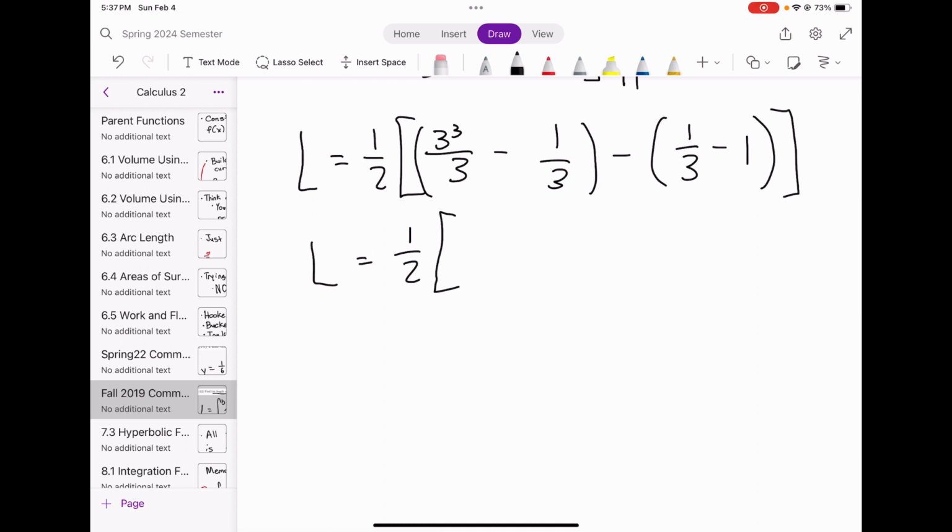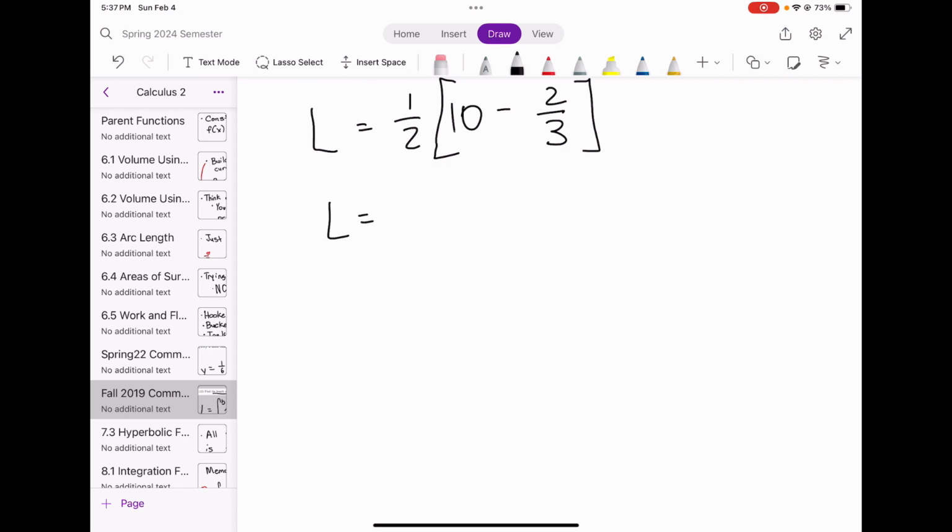That's going to be equal to 9 minus 1/3. So I'll put that into 2/3, merging these two together. It's 2/3 plus 1. So it's 10. I'll just reset and write 10 minus 2/3.